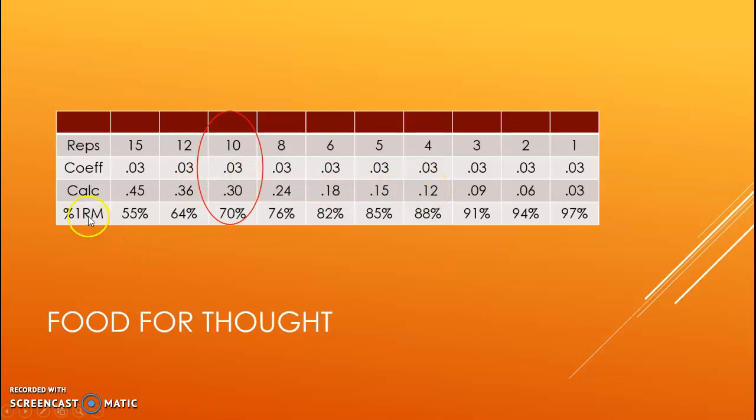The 1 rep max is 1 minus this, 1 minus this, 1 minus this, etc. So you can see as you're going through this, if a person does 4 reps, they're actually working at about 88% of their 1 rep max. If a person does 6 reps, they're about 82% of a 1 rep max. For our class, and to keep things ultra simple, if they're working at 10 reps, they're roughly at about 70% of a 1 rep max.